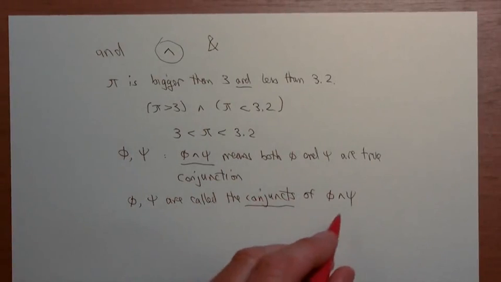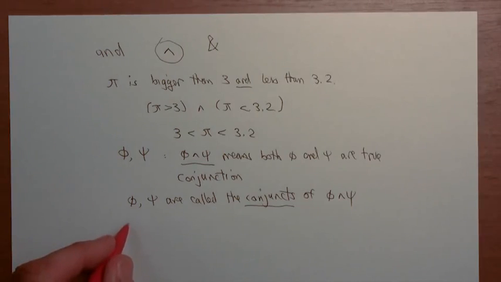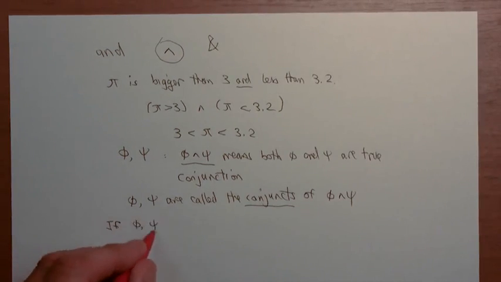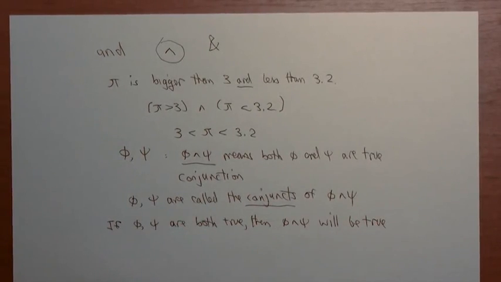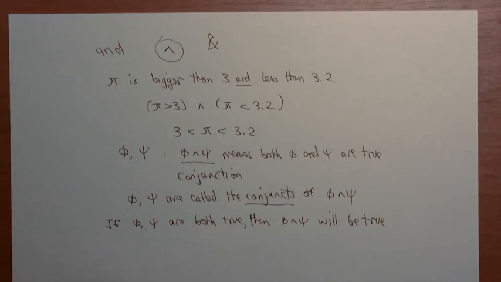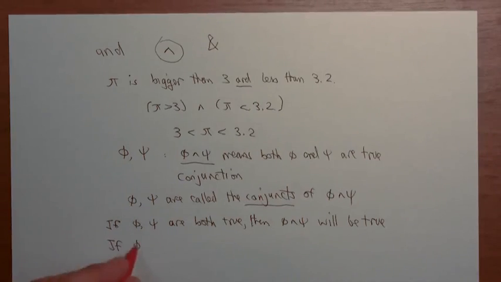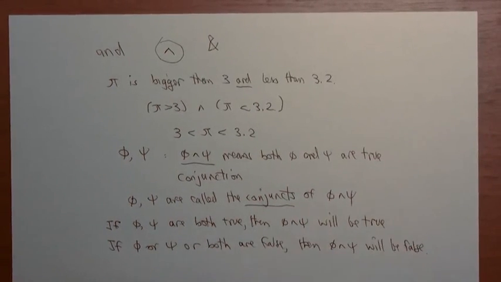What are the circumstances under which a conjunction phi and psi is true? Well, if phi and psi are individually true, then the conjunction phi and psi will be true. Under what circumstances will phi and psi be false? Well, if either phi is false, or psi is false, or they're both false.